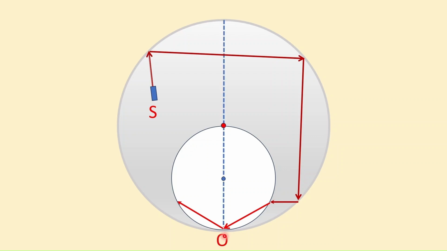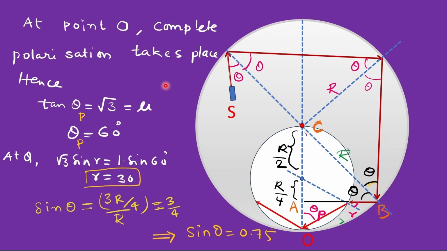Now draw the normal at the point O, and at this point also one normal is drawn. Here is another, here is also. Finally, at this incident point also we have to draw one normal. Then, by using Brewster's law we have to find the polarizing angle at the point O. Here this is air and this is the medium of refractive index root 3.